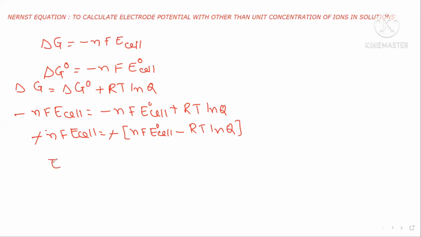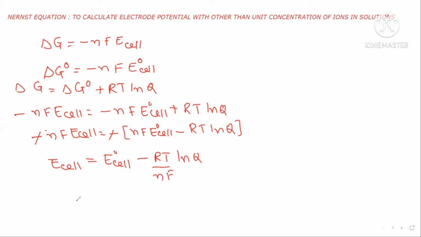Then we get E cell is equal to E naught cell minus RT by nF into ln Q. Here the natural logarithm is there.